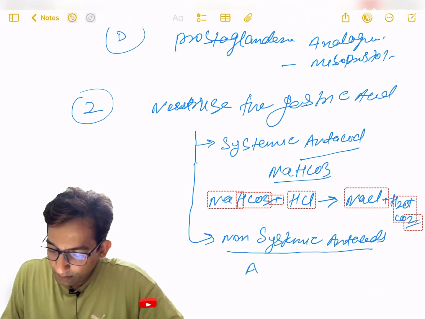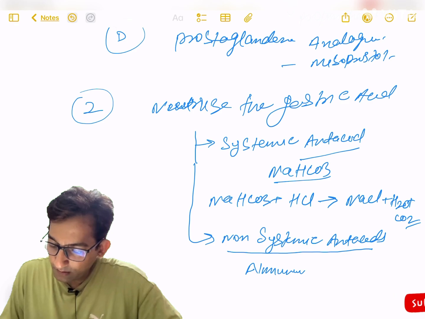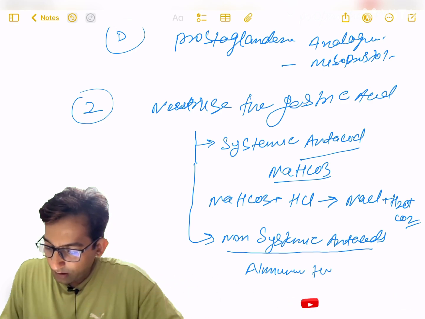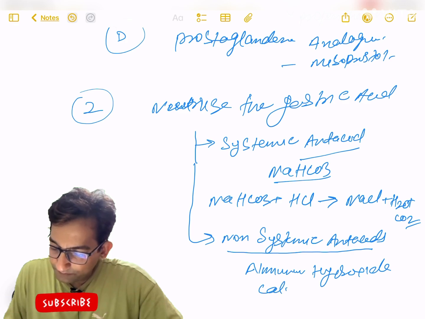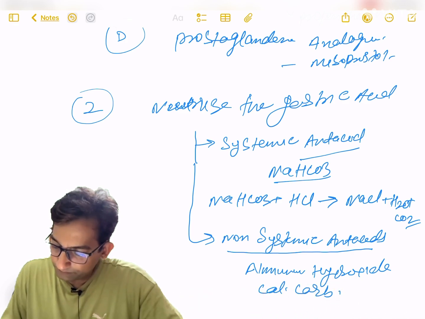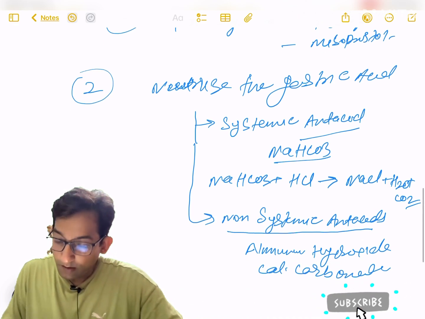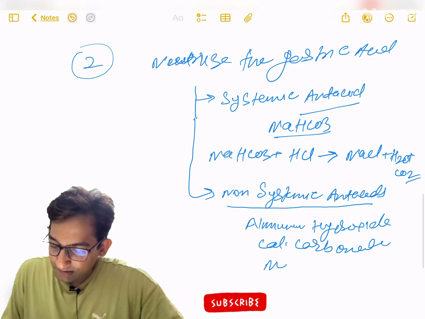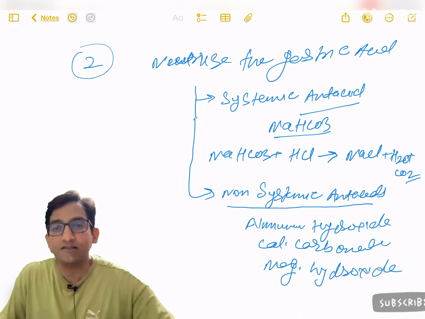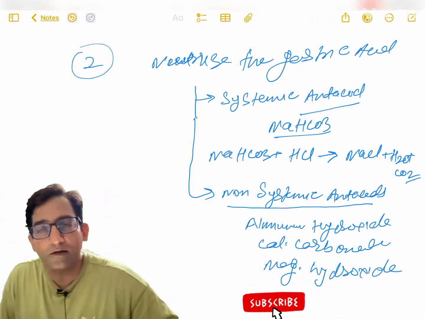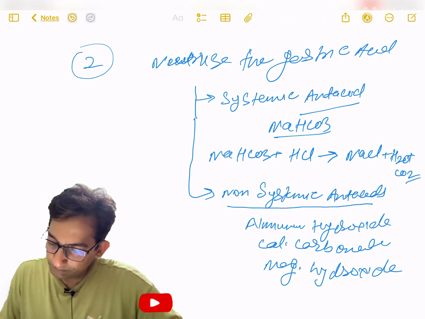Examples are aluminum hydroxide, calcium carbonate, and magnesium hydroxide. These all are examples of non-systemic antacids.